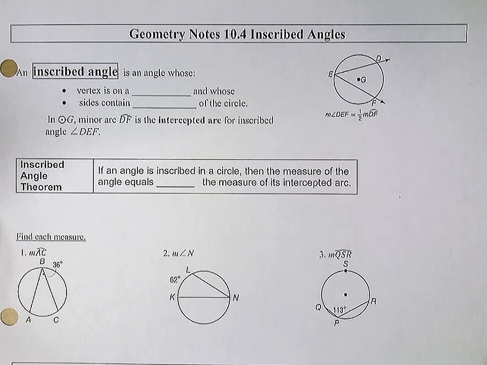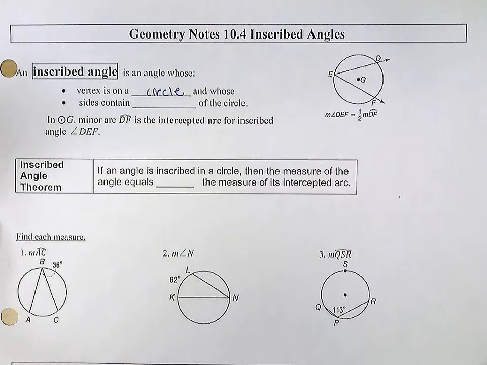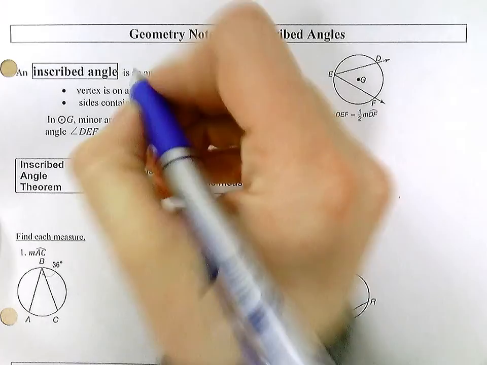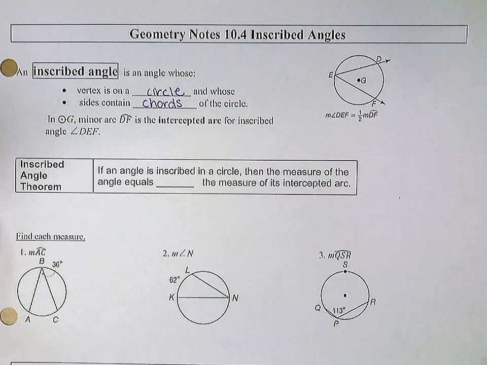There we go. So an inscribed angle is an angle whose vertex is on a circle and the sides contain chords of the circle. Again, chords are a segment that hits your circle in 2 points.